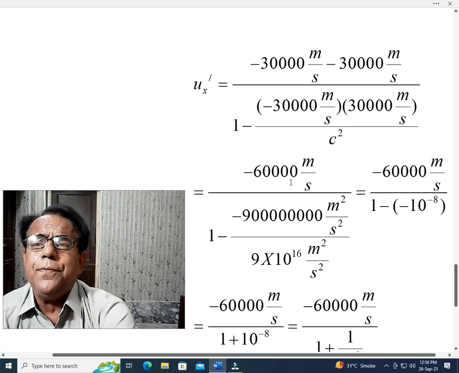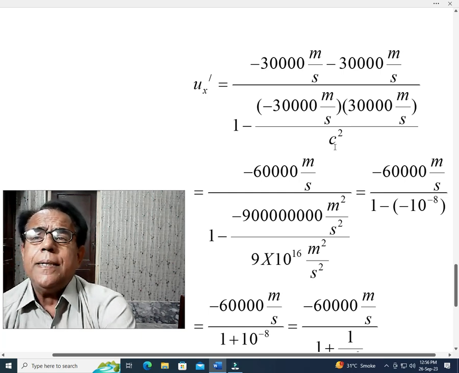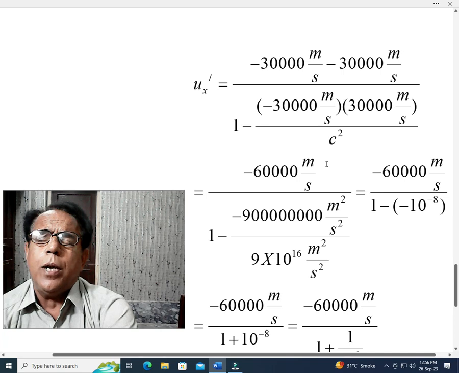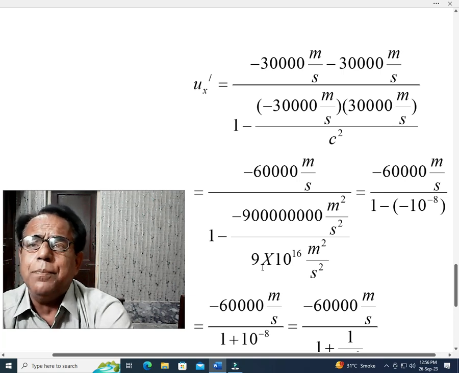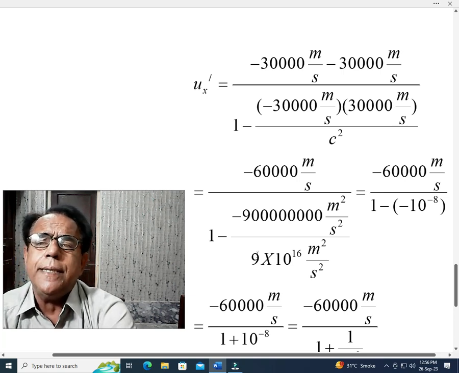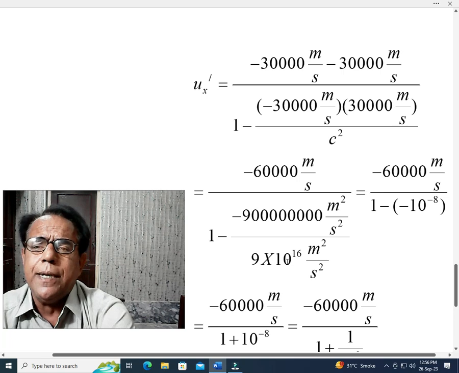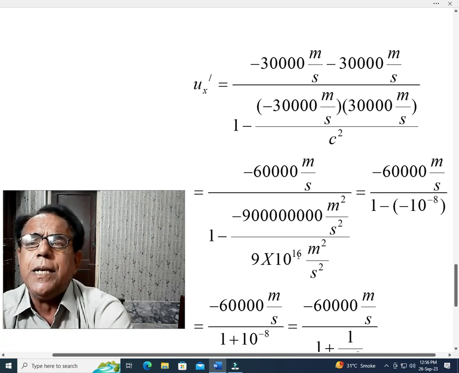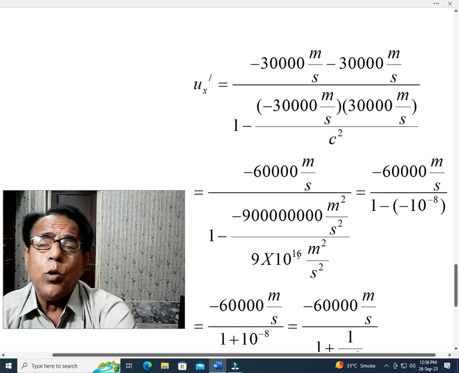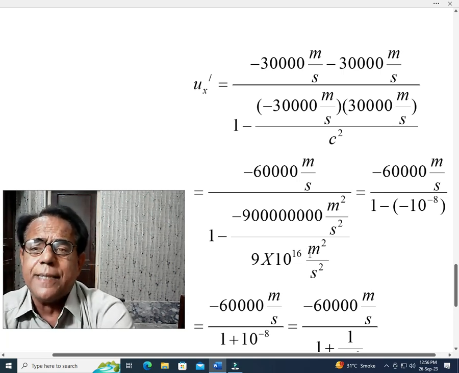We know that the value of c is 2.998 into 10 raised to the power 8 meter per second, but we usually take 2.998 as equal to 3. So c squared will be written as 9, because the square of 3 is 9, and similarly the square of 10 raised to the power 8 is 10 raised to the power 16. Similarly, the square of meter per second is meter square per second square.